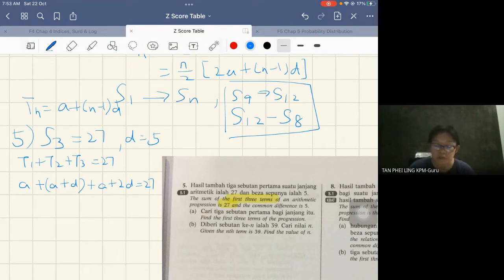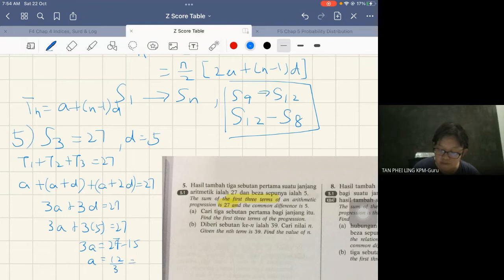Am I right? So in this case, I add up all the a first, which gives me a plus a plus a, so I got 3a. Then plus 1d plus 2d, 3d, equals 27. And I know that my d is 5. So my 3a equals 27 minus 15, which gives me a is 12 divided by 3, which gives me 4.